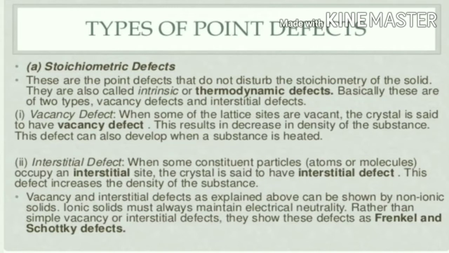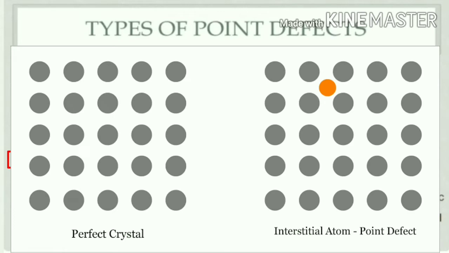Next is interstitial defect. When some constituent particles, atoms or molecules, occupy an interstitial site or vacant site, the crystal is said to have an interstitial defect. This defect increases the density of the substance.